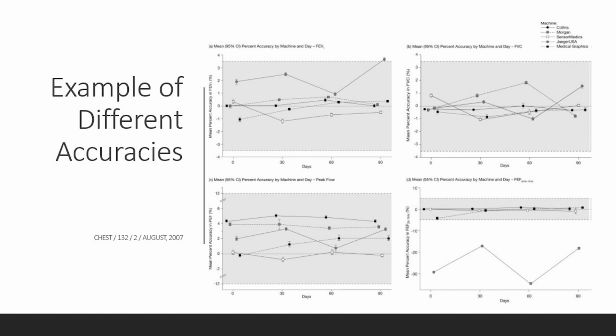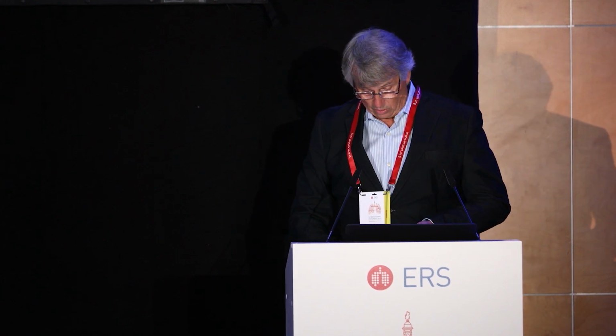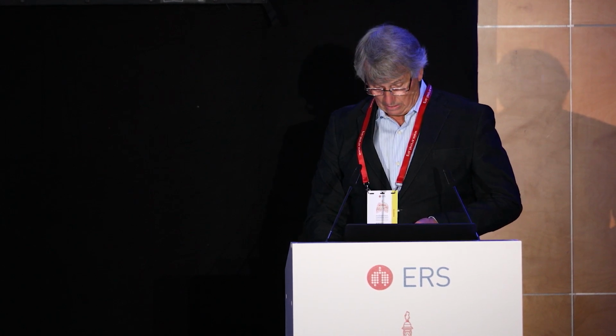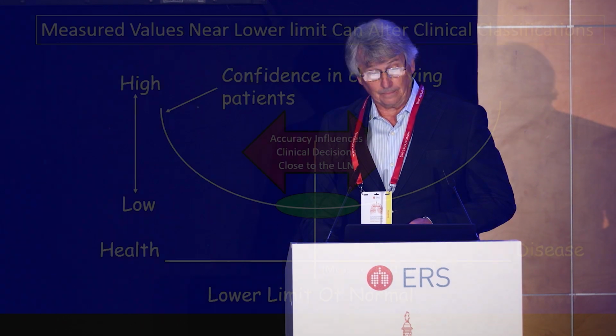And we see big differences in different measurements like peak flow and some really dramatic differences in the FEF 25-75 from different devices. And so just the accuracy alone can change dramatically with which device is out there. So verifying that a device is accurate and precise is really important. So having some assurance that the manufacturers and maybe the approval agencies have actually considered this is a good thing.